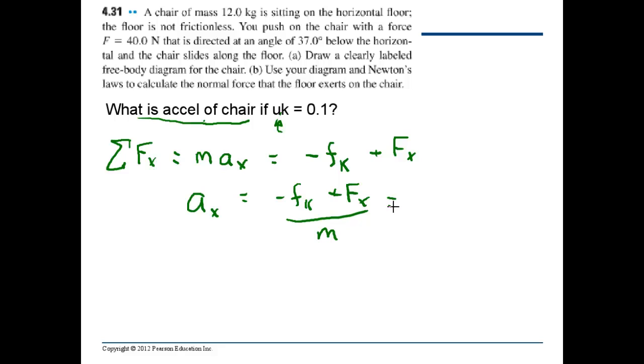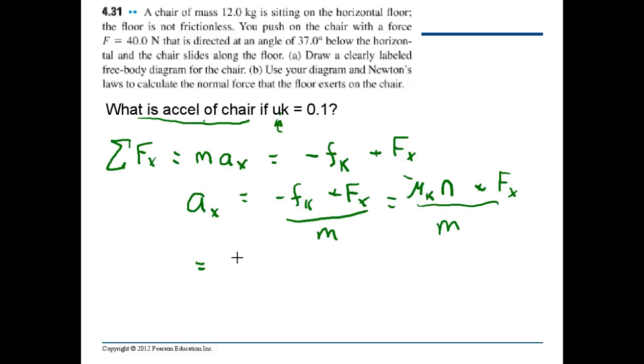The frictional force is going to be the coefficient of kinetic friction multiplied by the normal force. Now, we calculated that in the last part. Don't forget my negative sign, divided by the mass.